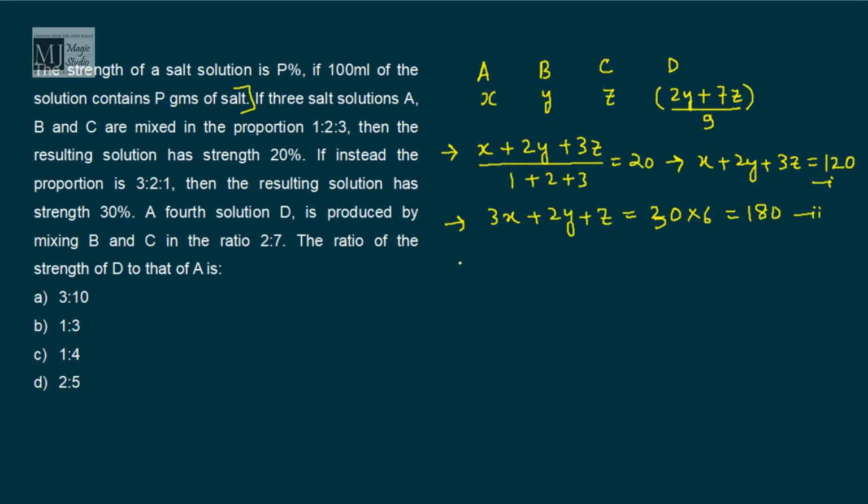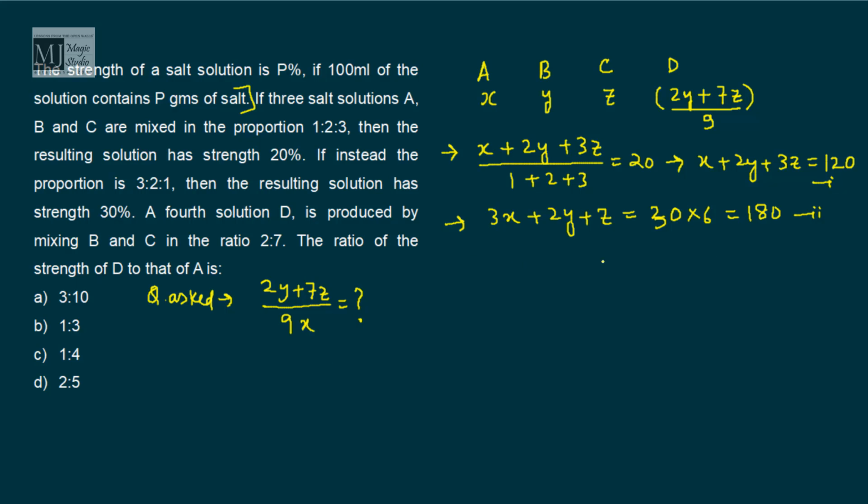That would be the strength of D. The question asks for the ratio of strength of D to that of A. That means we need to find 2y plus 7z by 9, and A, that is x. So it is (2y plus 7z) upon 9x. This is what we are looking for.